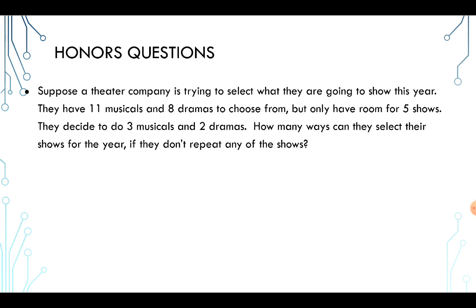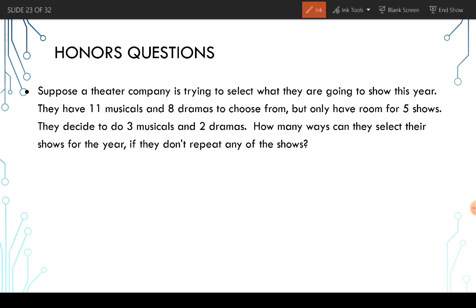Okay, so in this case, honor students, we have 2 categories that we have to look at. We have to look at musicals and dramas. In this case, for the musicals, we're not replacing them at all. So every time we select one, we have to take that away from our total.